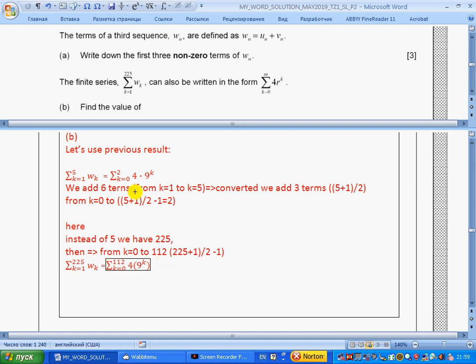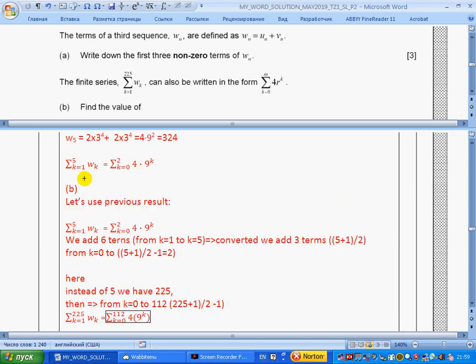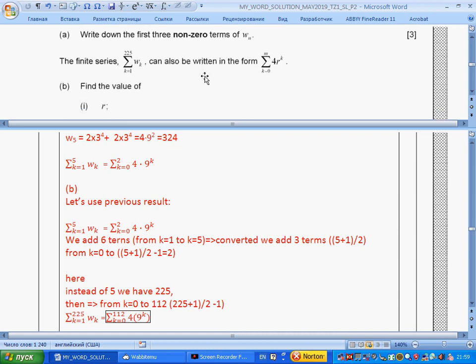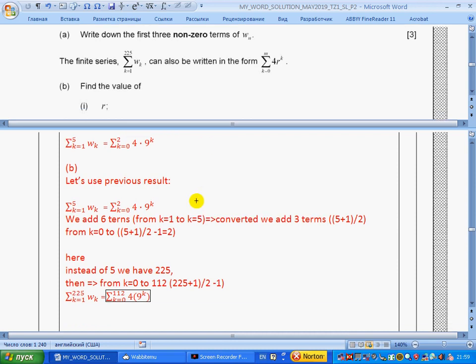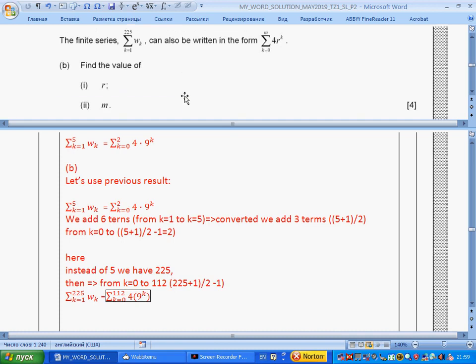So we used analogy from less value, not 225, but from 1 to 5. So we found R and we found M, both. So I and double I.